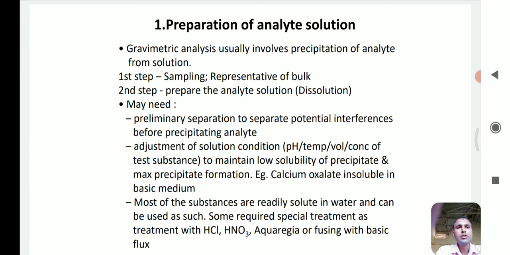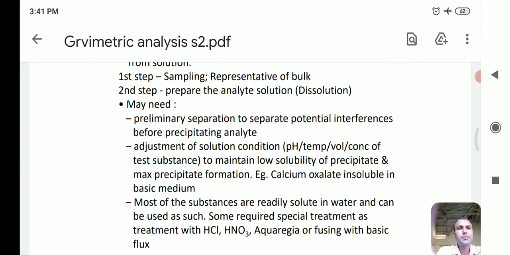We may require the preliminary separation to separate potential interferences before precipitating the analyte, and adjustment of solution conditions, the pH, temperature, volume or concentration of test substances.